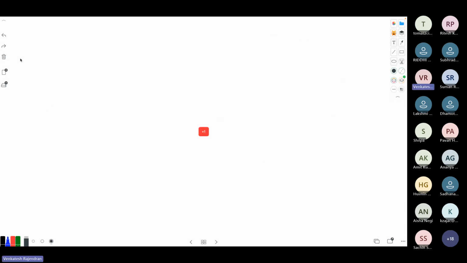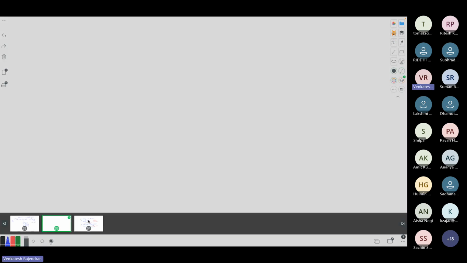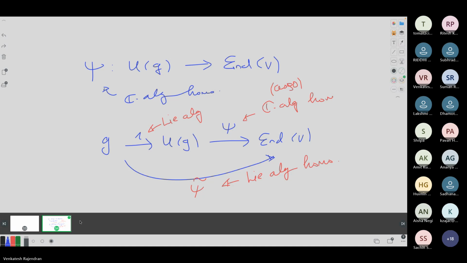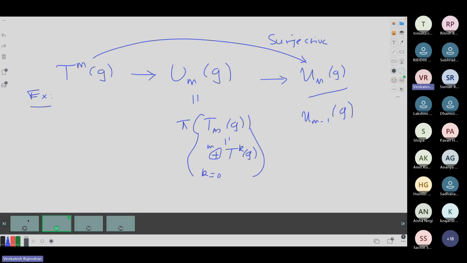Now let's use this map. This map actually defines... let's call that map some name. Oh, sorry. Let's call this pi m.